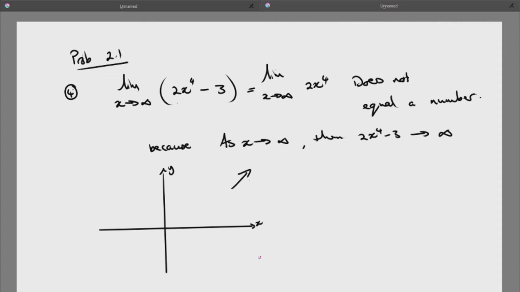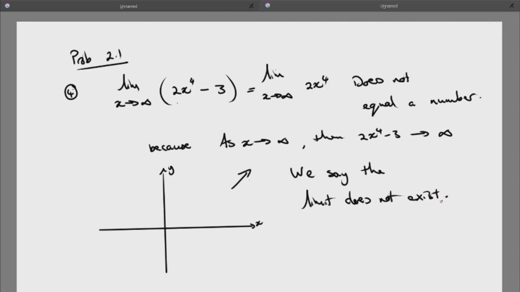So it does not equal a number, even though we represent that with infinity. That infinity is not a number. It's a direction more than anything else. So we say the limit does not exist.